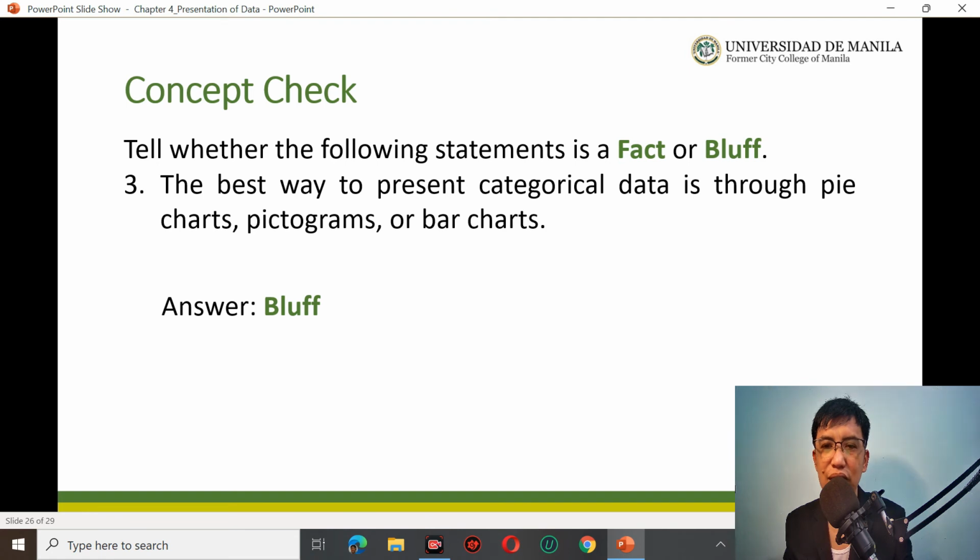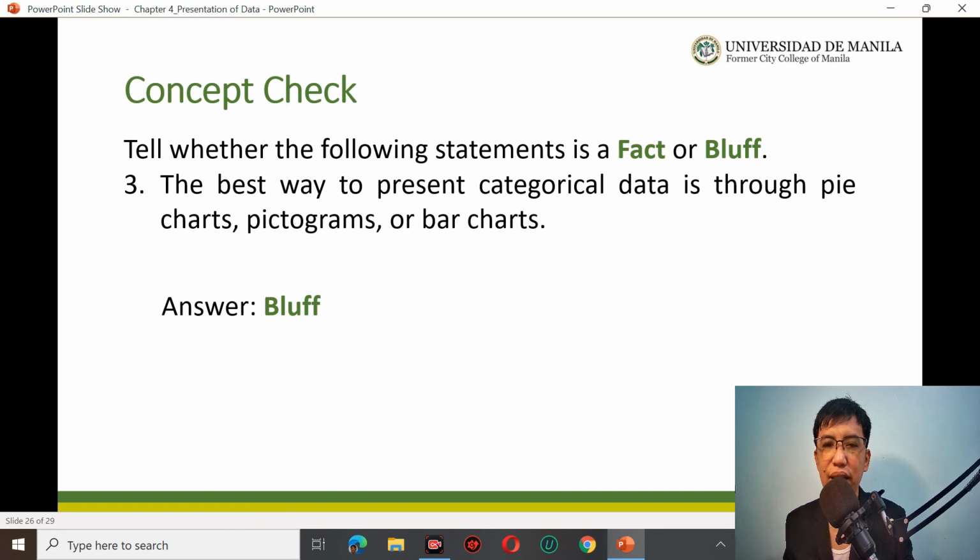Okay? So, I'm sorry for the typographical error. But if you got it correctly, because we are talking about categorical data. Pag continuous data, it should be bluff. Okay? So, if you got it correctly, you deserve a clap.